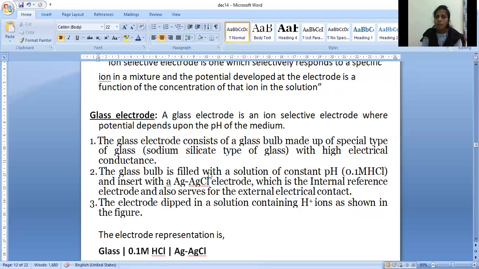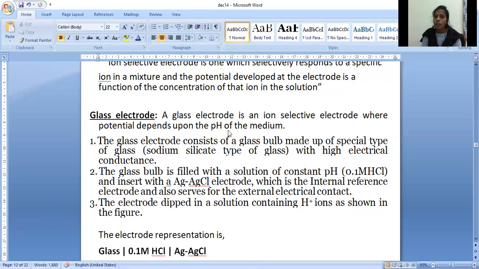And the glass bulb is filled with a solution of constant pH and a silver chloride electrode is inserted, which is the internal reference electrode and also serves for the external electrical contact.